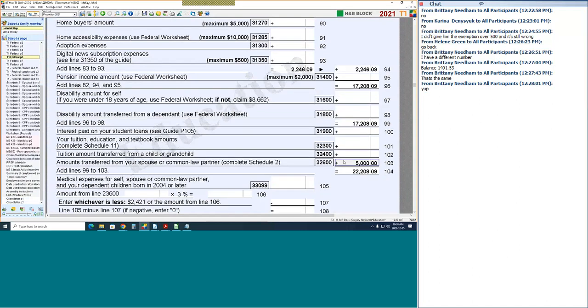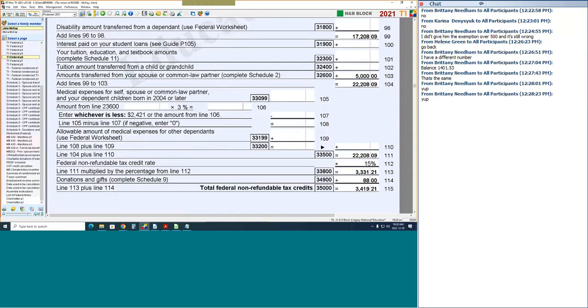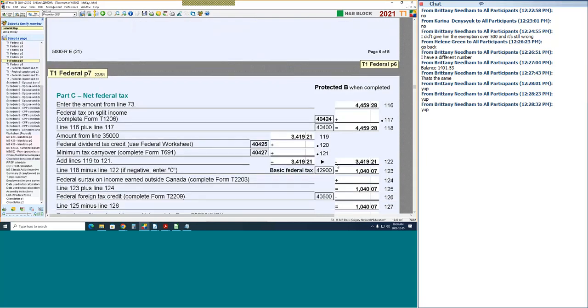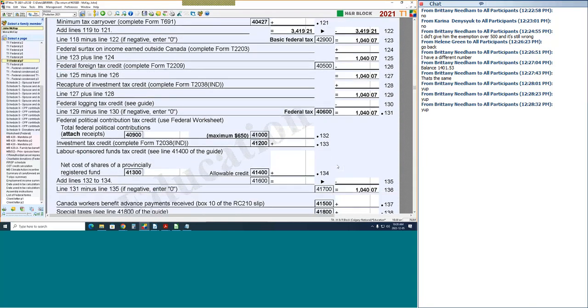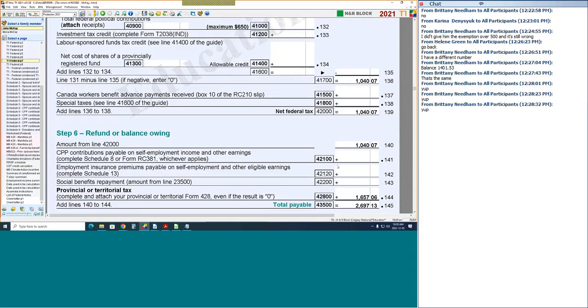He's going to have an amount transferred from his spouse of 5,000 federally. Okay. He's going to have donations, $88. Going down, our federal tax is 1,040.07 and our provincial is 1,657.06.